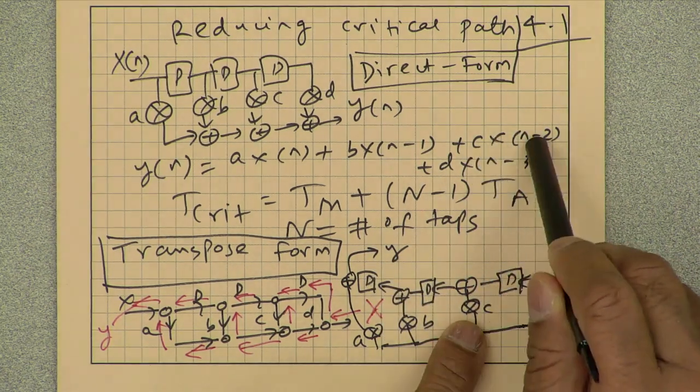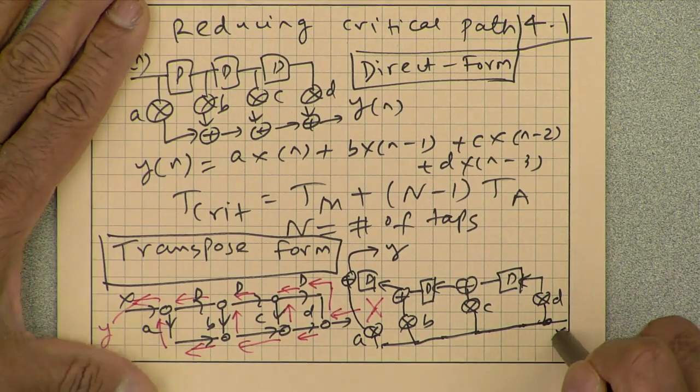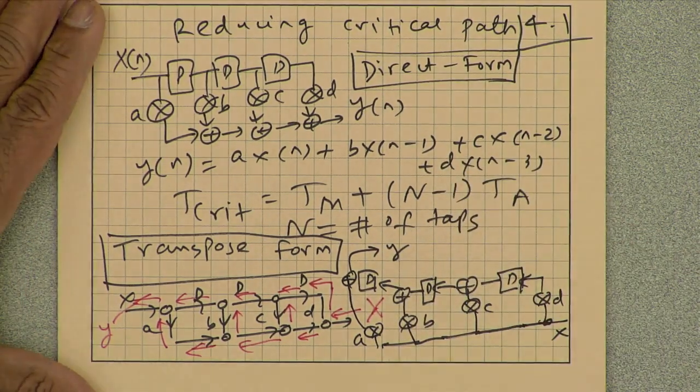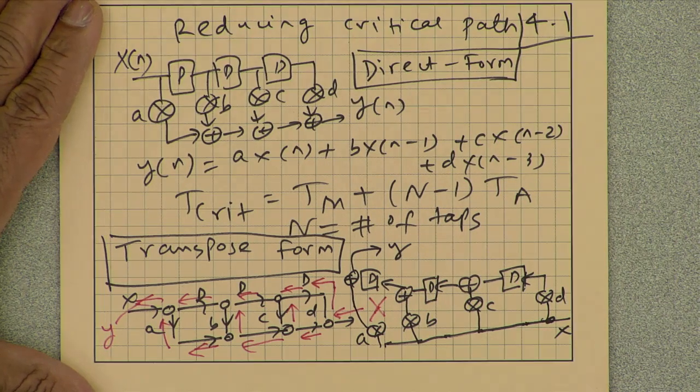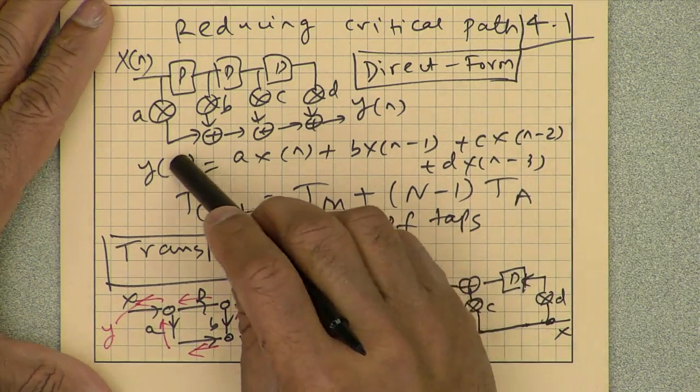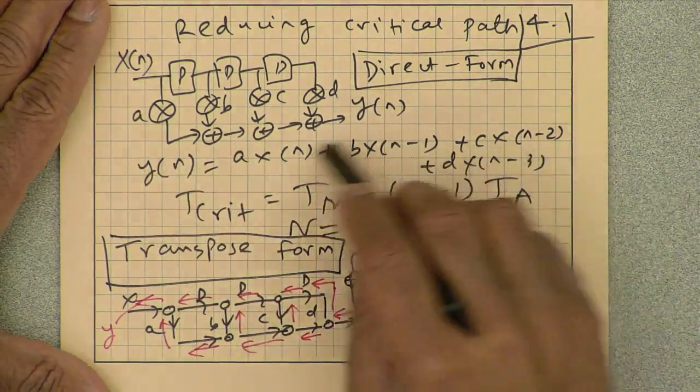That's how we get c times x[n-2]. And d times x[n] goes through 1, 2, 3 delays, and that's how we get d times x[n-3]. So transposing the digital filter leads to a different form where indeed the difference equation is the same.